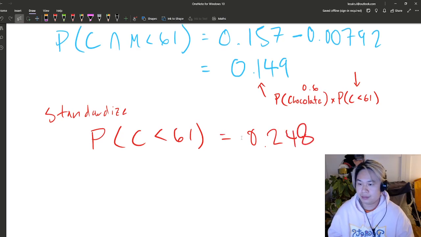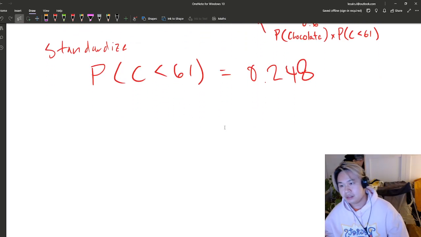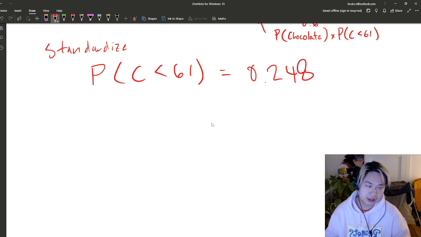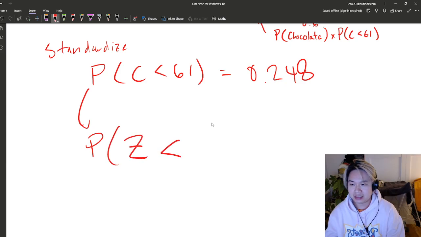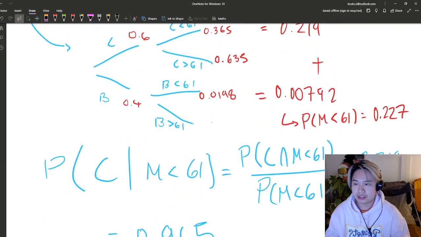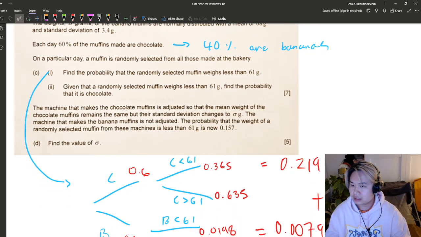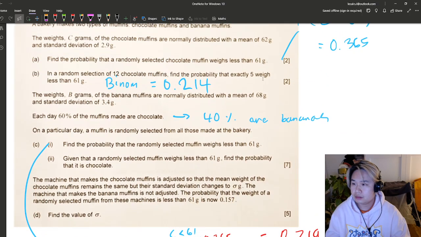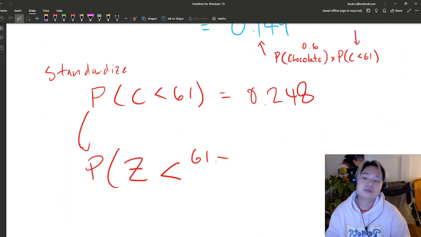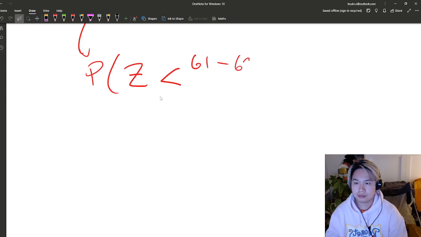You should use all your decimals, but whatever. Okay, and then we are going to standardize this, because we don't know the standard deviation, so that we can use the inverse function. So this becomes the probability of Z being less than 61 minus the mean of a chocolate muffin, which is the same as before. The mean weight stays the same, so 62. But you don't know your new standard deviation, but the probability remains the same.